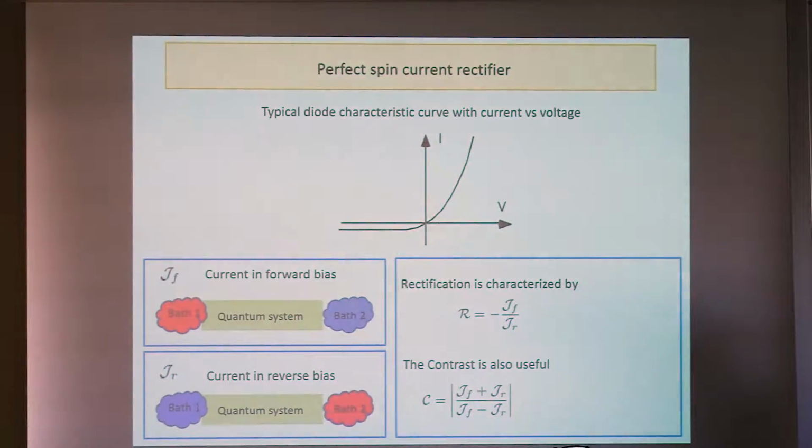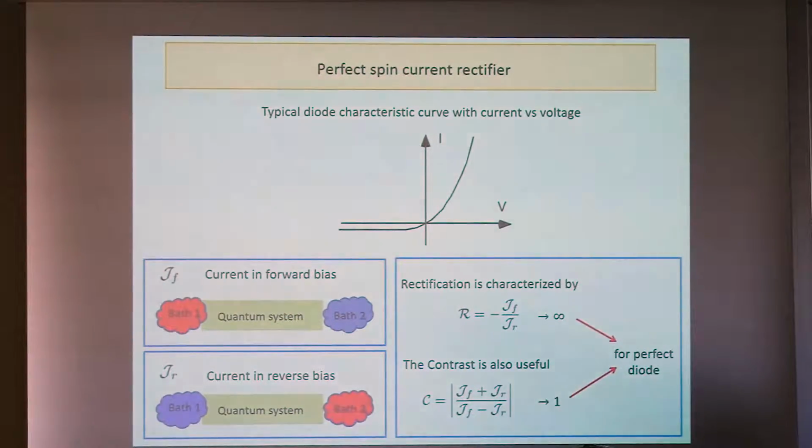How to characterize how good is a rectifier or a diode? We can use different numbers. One is the rectification, which is the ratio between the forward and the reverse current. Or in other papers, this is also called rectification, but we chose to give it a different name to avoid confusion. We call it contrast, and basically it's the difference of the currents divided by the sum.